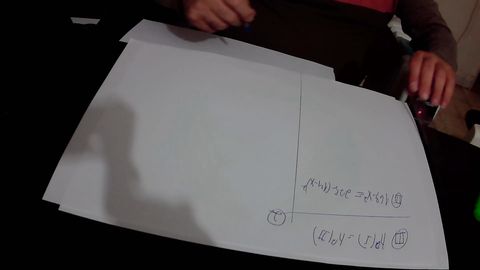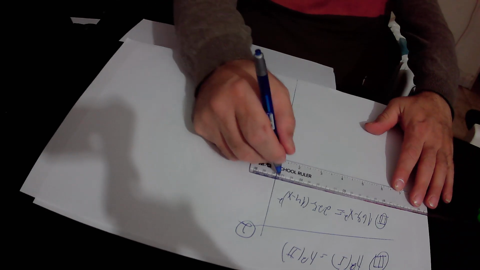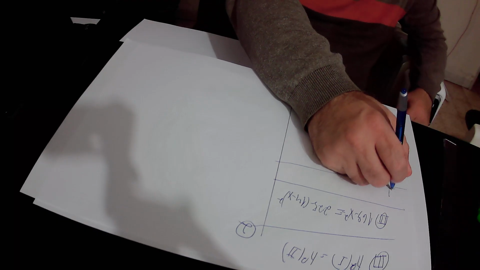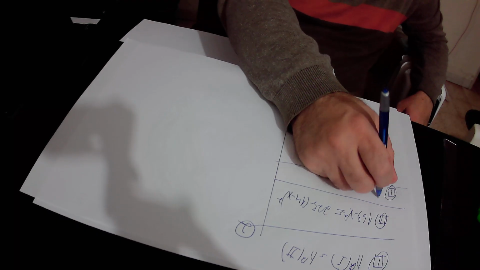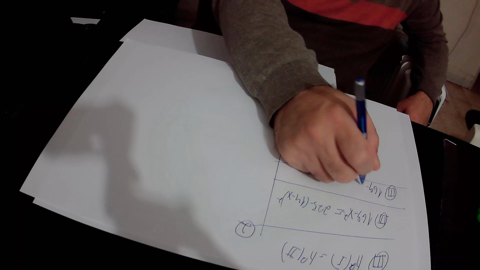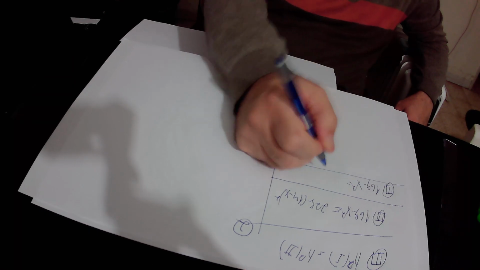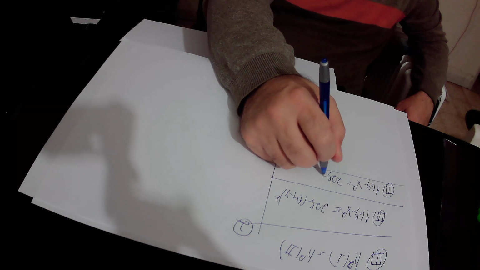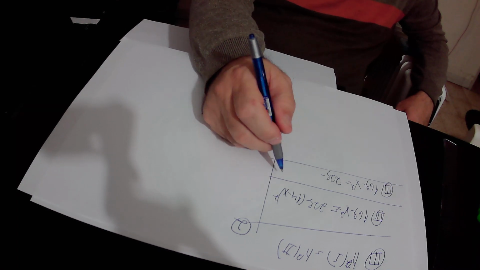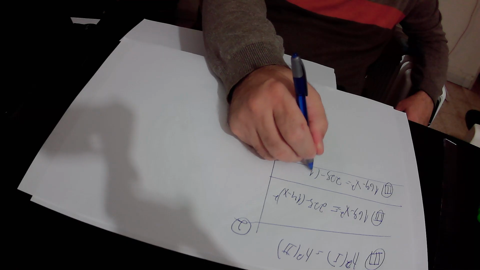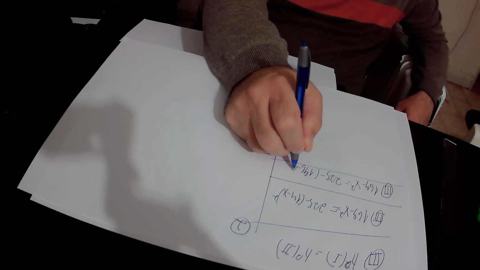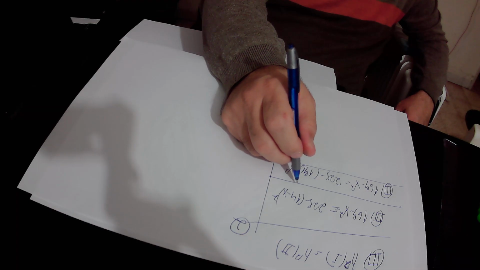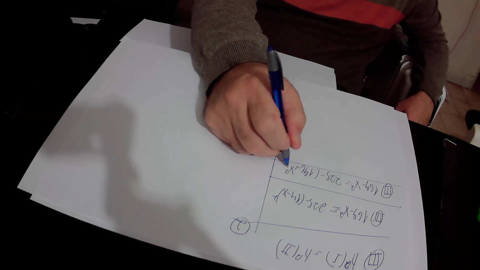So according to equation number 3, we actually found out that 169 minus X squared equals 225 minus 14 minus X squared. 14 minus X squared equals 14 squared, that is 196, plus X squared minus 2 times 14X, that is minus 28X.